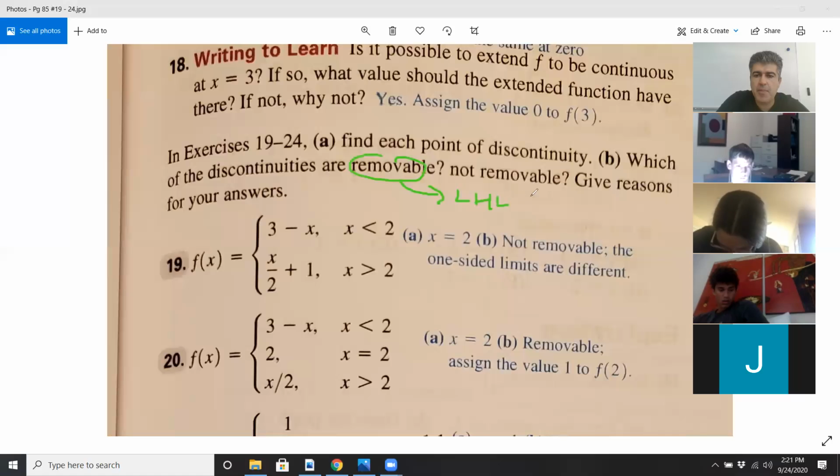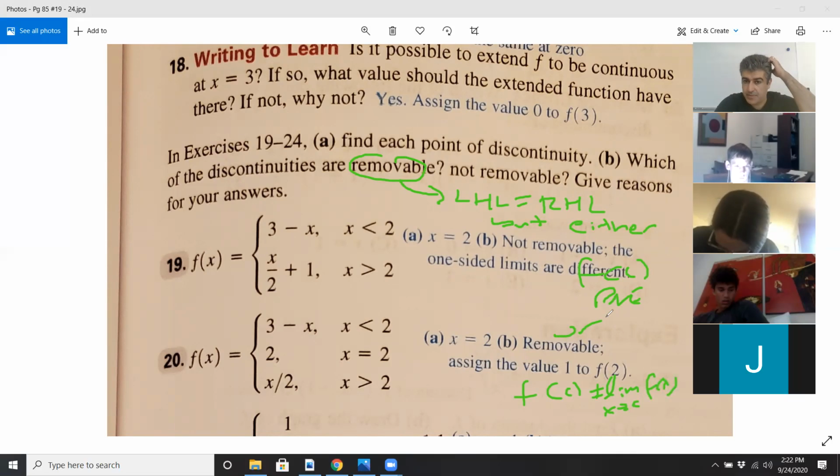The left-hand limit must equal the right-hand limit, but either f of c does not exist, or f of c does not equal the limit as x approaches c of f of x. That was what gives rise to a removable discontinuity.